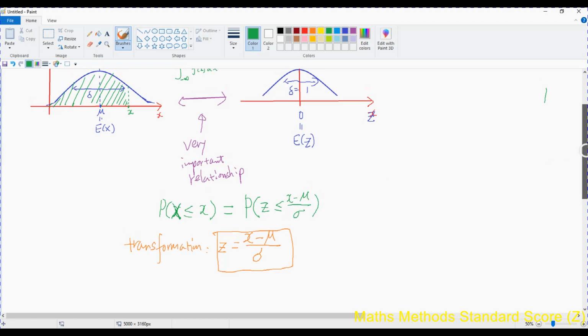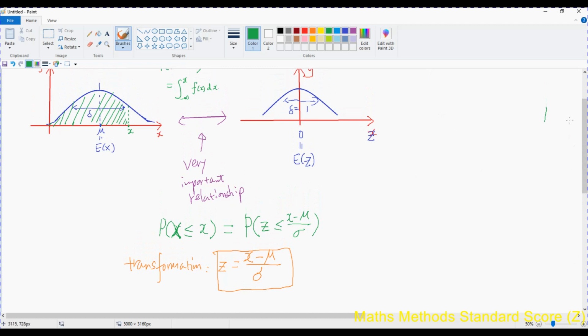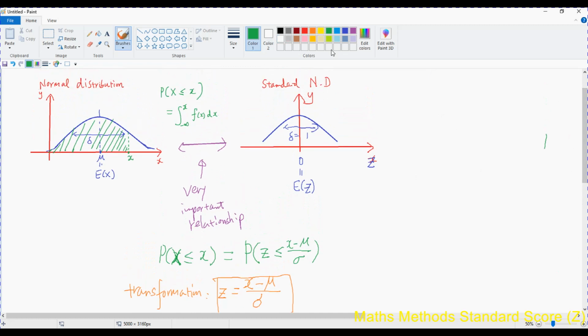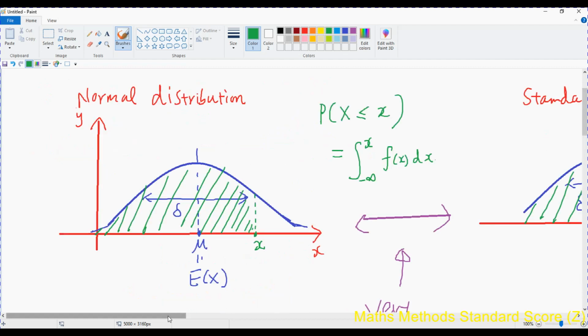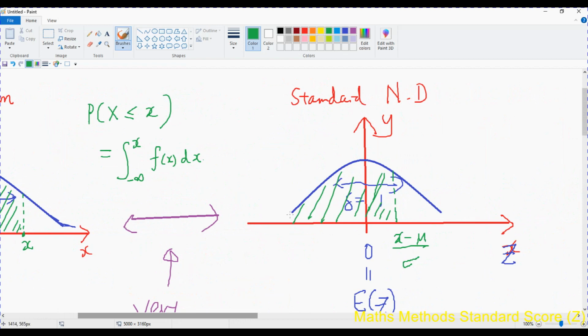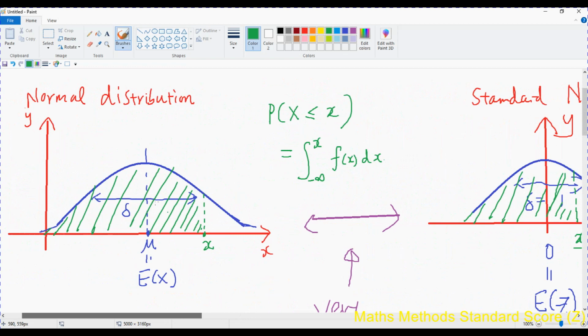Okay, so that means you can find the value here, which is x minus mean over sigma. And as long as you can find the area on the left hand side of that line, that would be the same area as the one you've got in the normal distribution.